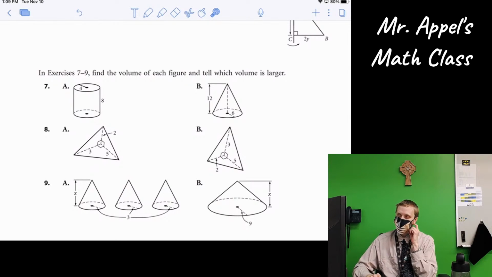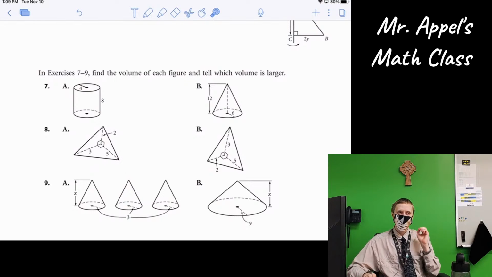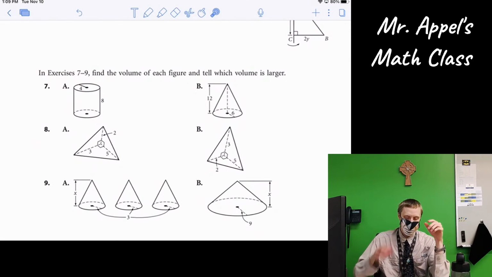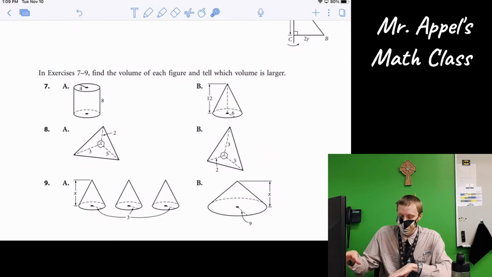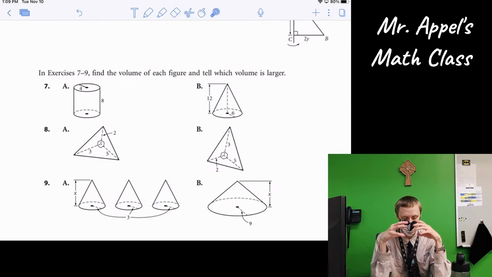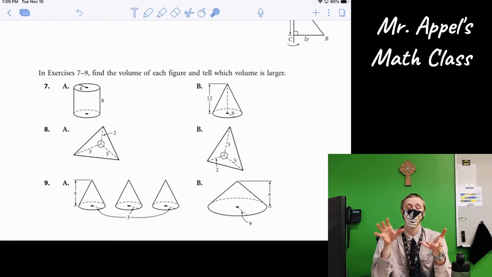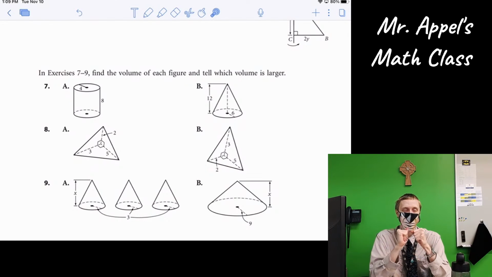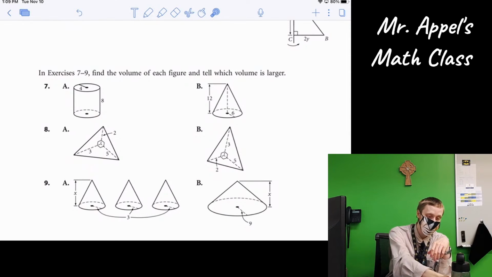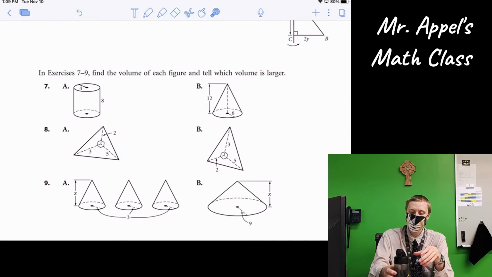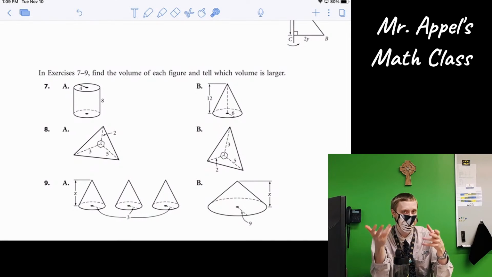Also, now I'm thinking of it, there's this great developmental understanding that people's brains go through, the concept of volume and understanding consistency of volume. Okay? That I can take an amount of water in one container and I can pour it into another container and it's still the same amount of water.